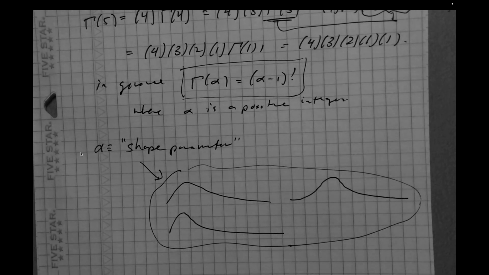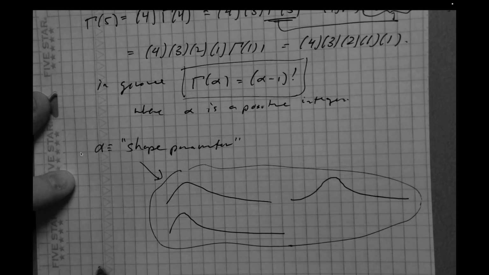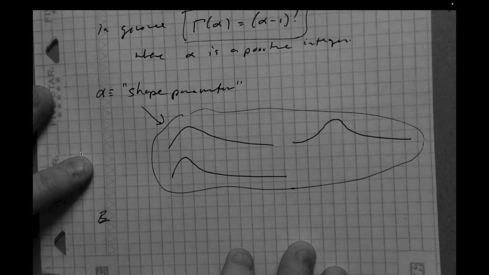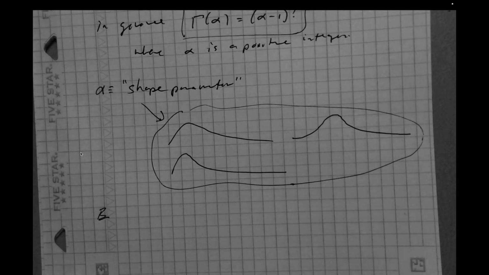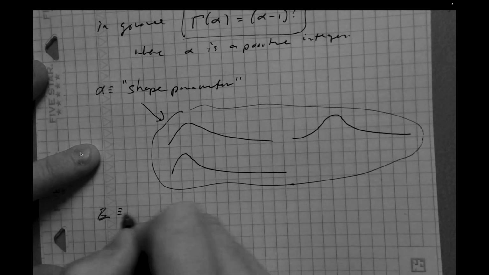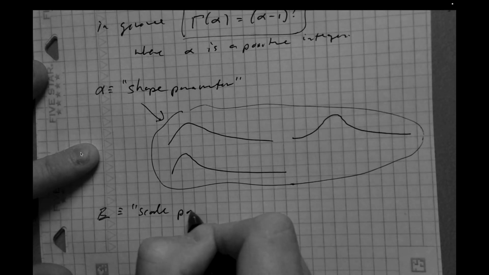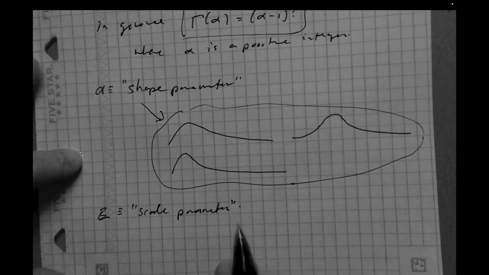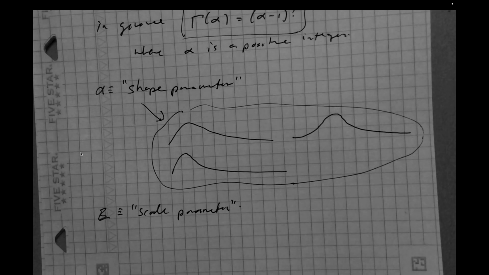gamma distribution. The other parameter is the beta parameter. Okay, the beta parameter is called the scale parameter. And so for beta equals 1 and alpha varying, let's draw a picture of the density functions just to get a sense for this.